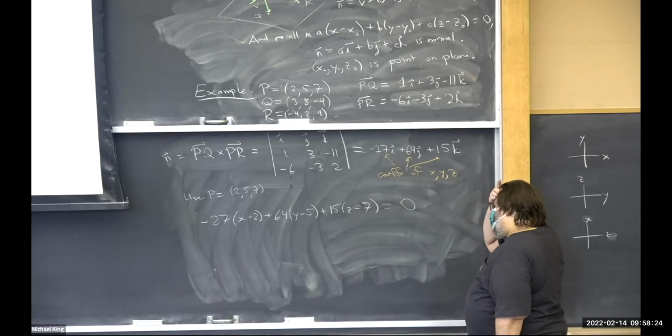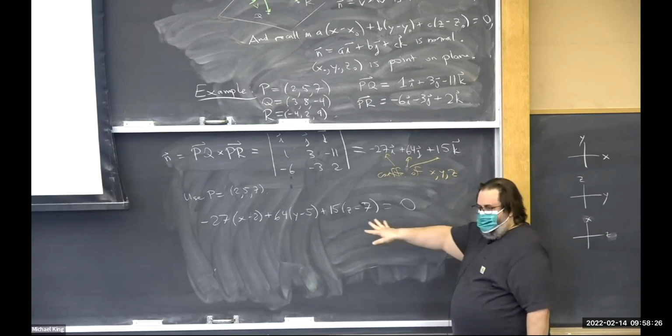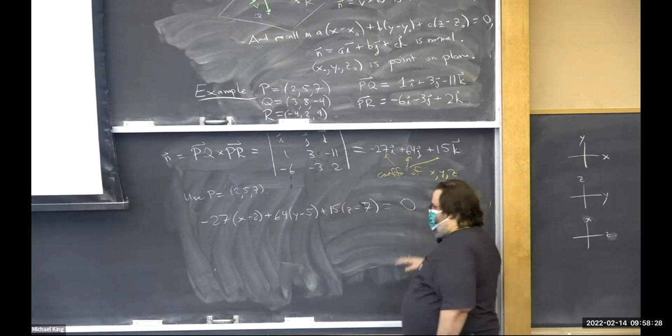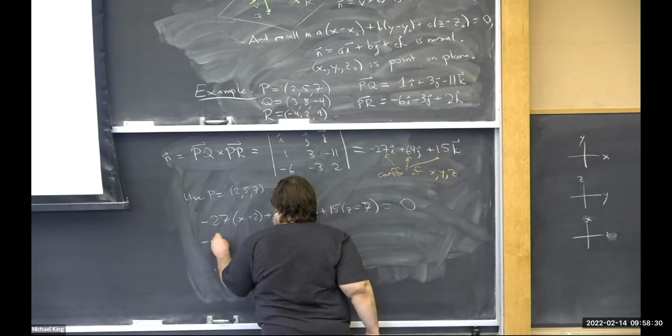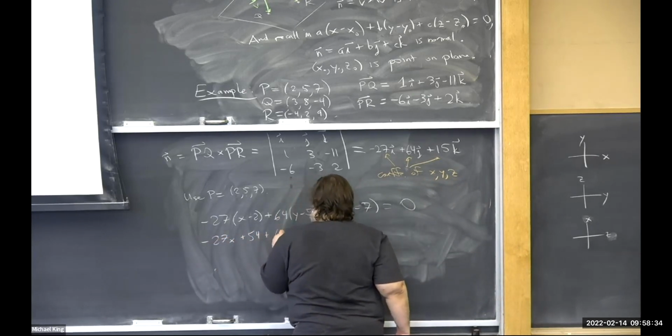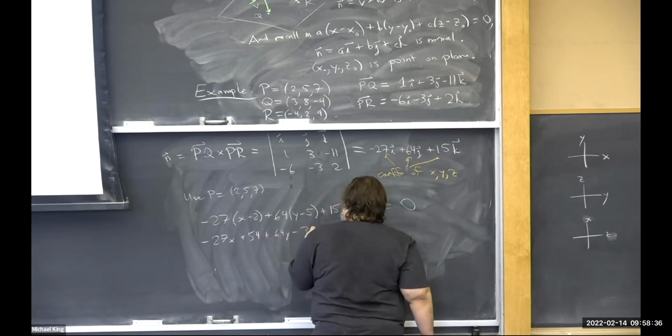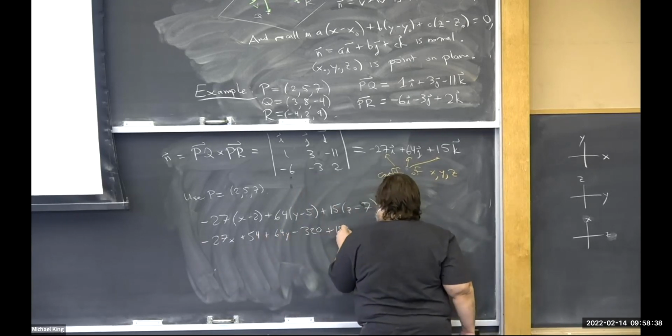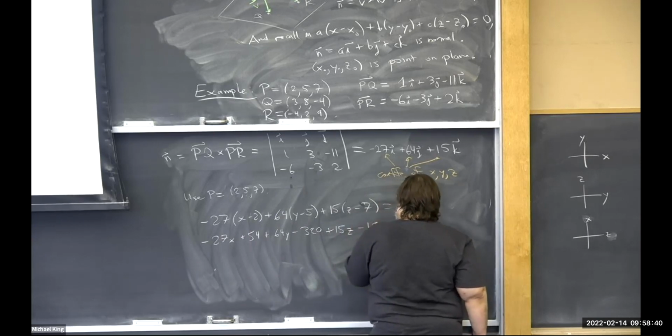We can simplify this to ax plus by plus cz equals a constant: minus 27x plus 54 plus 64y minus 320. I'll do this quickly because I don't want to run out of time. Minus 105.